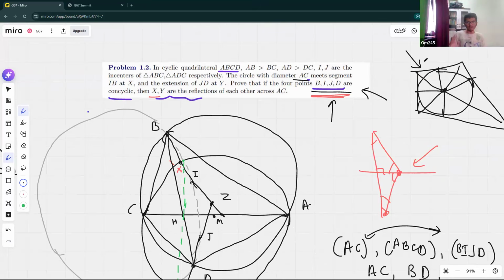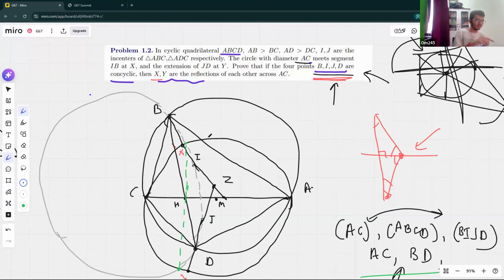This is a special kind of quadrilateral, because the sum of these two lengths is equal to the sum of those two lengths. But why would that be true?